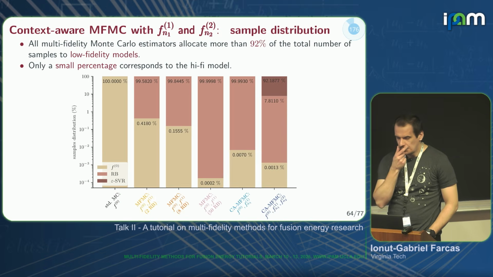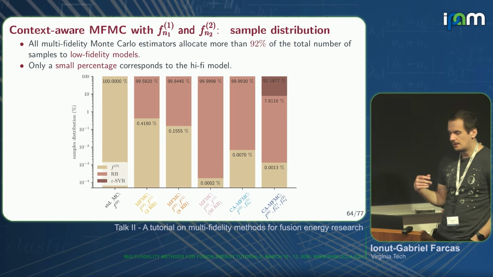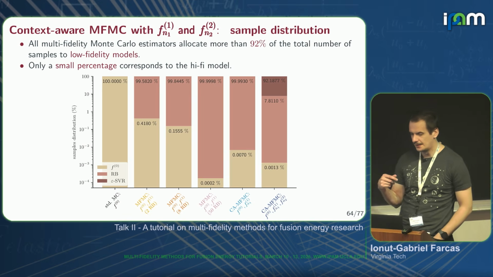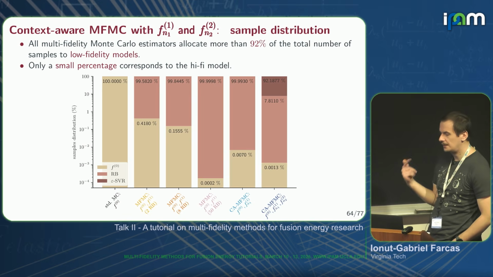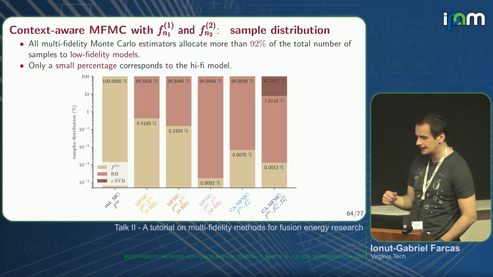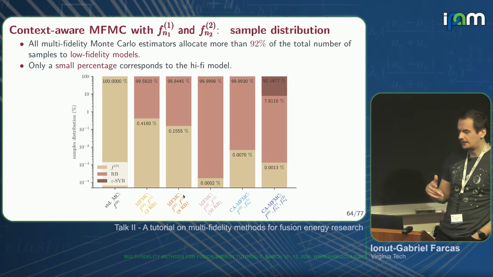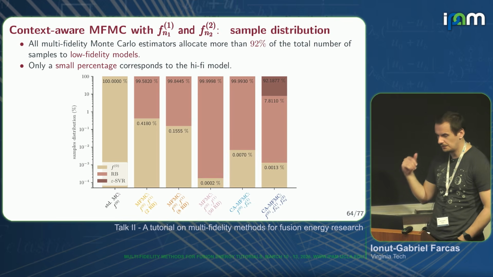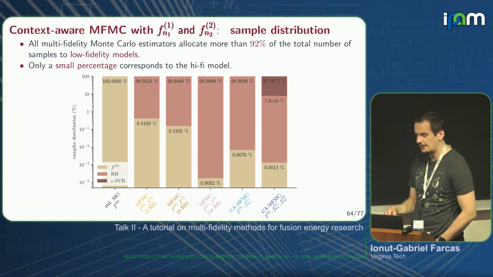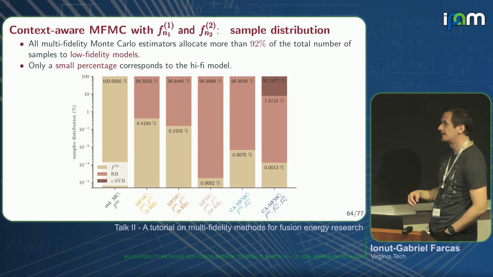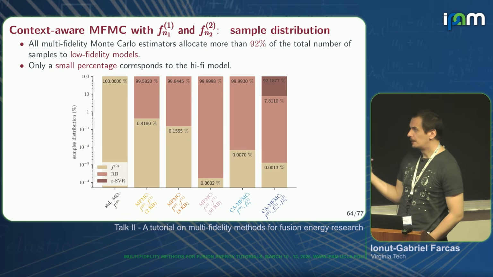All right, and then here we show the sample distribution among the 3 models. So this is the last setting where we have the high-fidelity model, the reduced bases, and the epsilon SVR. And then we see, for different estimators, from standard Monte Carlo estimator to the static multi-fidelity Monte Carlo estimators to our context-aware variants, the sample distribution.